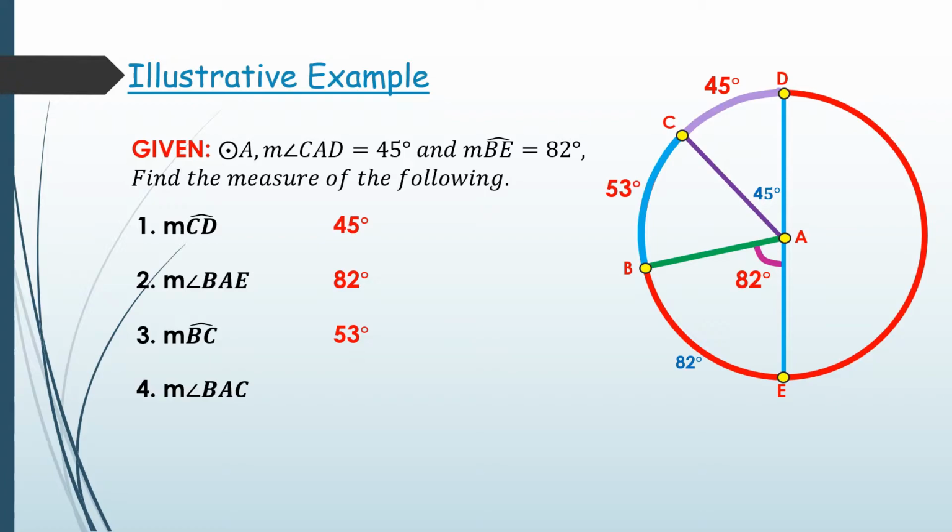Let's try the measure of angle BAC. BAC is the central angle with intercepted arc BC. Since BC is 53 degrees, therefore angle BAC is equal to 53 degrees. Let's have measure of arc DE. Arc DE is a semicircle, so therefore the measure of arc DE is 180 degrees.